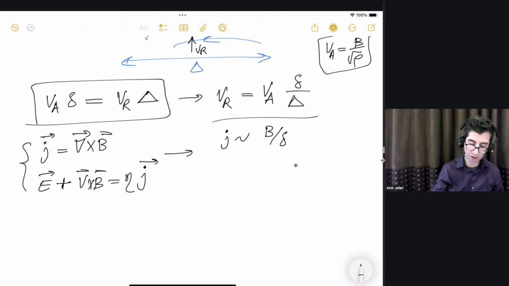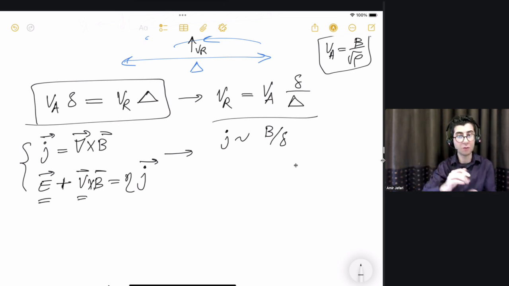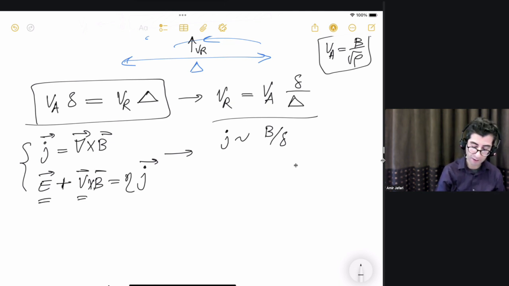Okay, that's J. And from here, you know that the electric field is kind of negligible in a plasma because of the quasi-neutrality condition. And V here is the flow velocity, the velocity with which plasma moves. B is the magnetic field, eta is resistivity, J the electric current. So from here, you get V, my notation would be VR, okay, VR B is eta J.